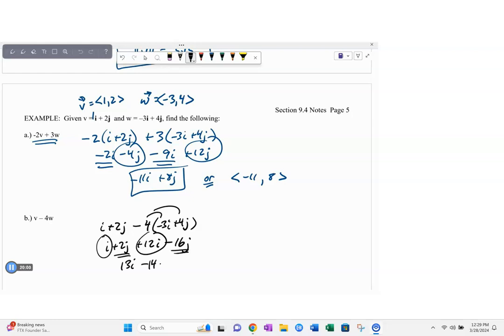So 13i minus 14j, or 13, negative 14 as our resultant vector there.